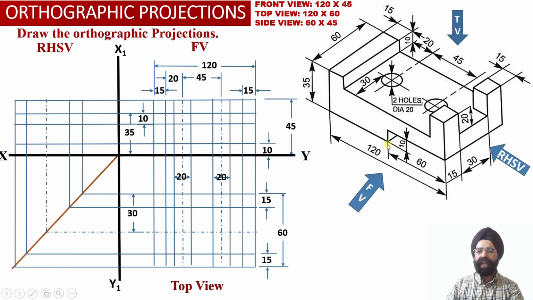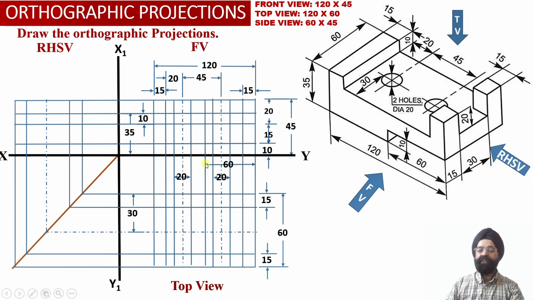And also we know that the width of this particular slot happens to be equal to 60 millimeter. So now from the right hand side face, we are going to mark a distance of 60 millimeter as we move 60 millimeter towards the left side.